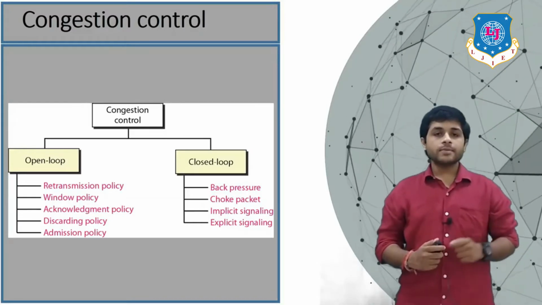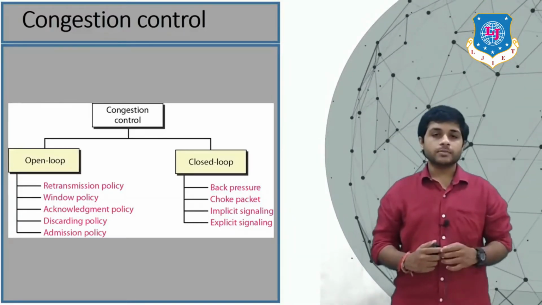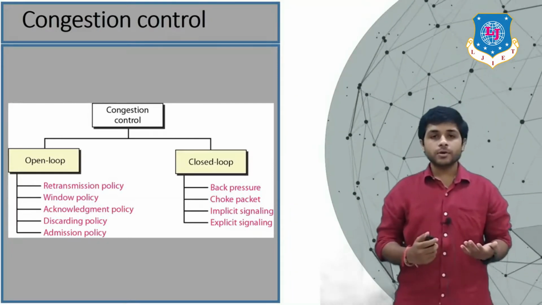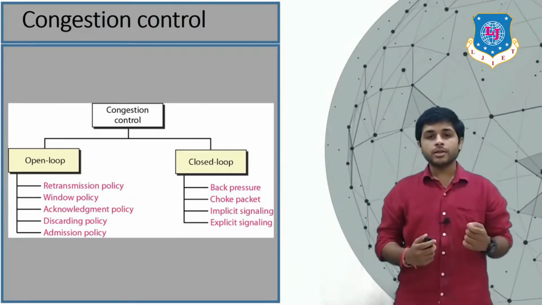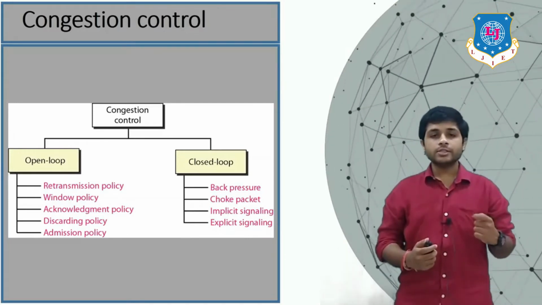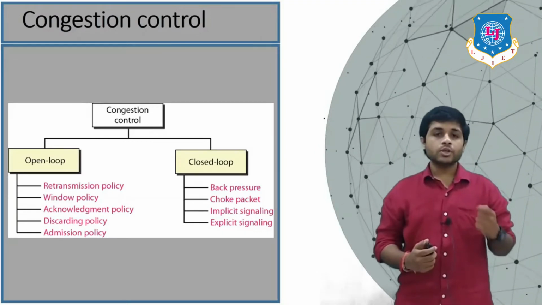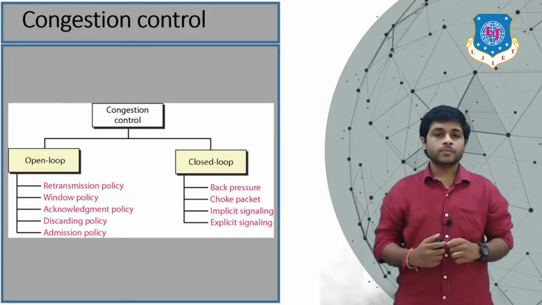The first type in the open loop congestion is the retransmission policy. Now what is the retransmission policy? It tells that when the sender needs to retransmit a packet, the rate of the retransmission should be lower.